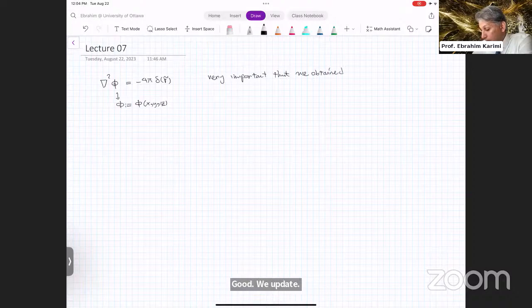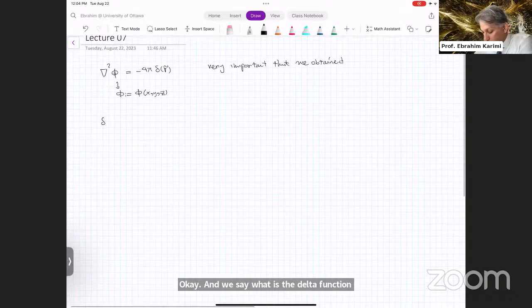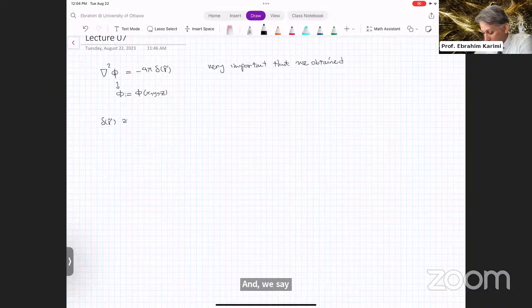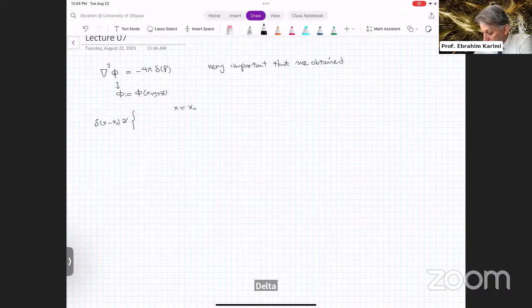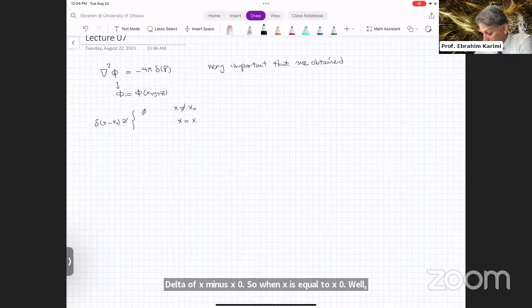And we ask, what is the delta function? Loosely defining it, let's go with the one-dimensional case for simplicity. If you have delta of x minus x0, then when x is not equal to x0, it is 0. When x is equal to x0, it is roughly speaking infinity, but that's not the only property.